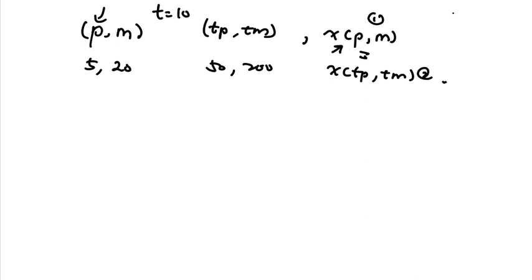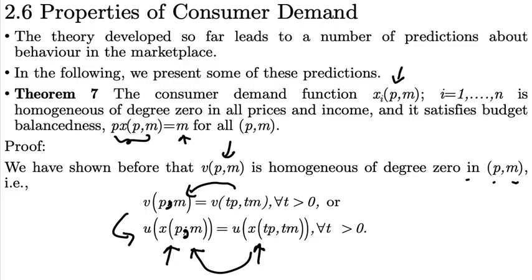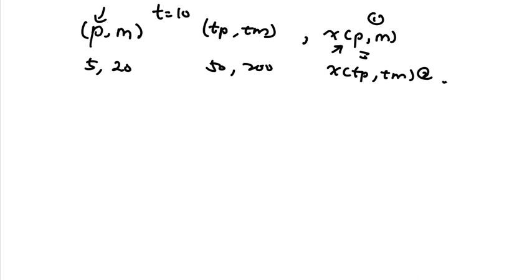And if you can recall back from the equality, okay, the last equality on the previous slide here, and strict quasi-concavity of U itself, then it allows us to have X(P, M) equals to X(tP, tM).